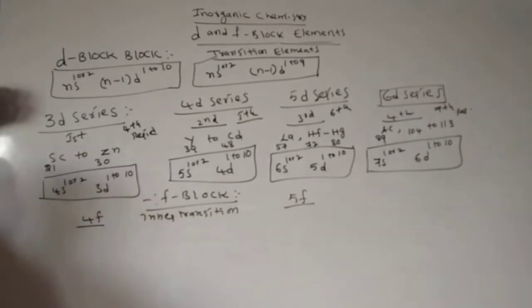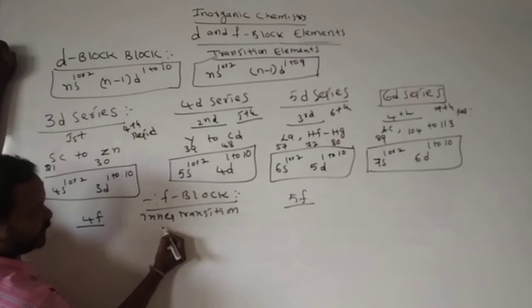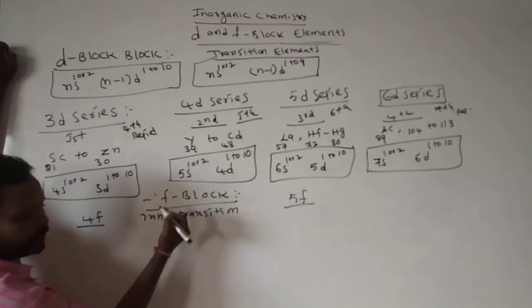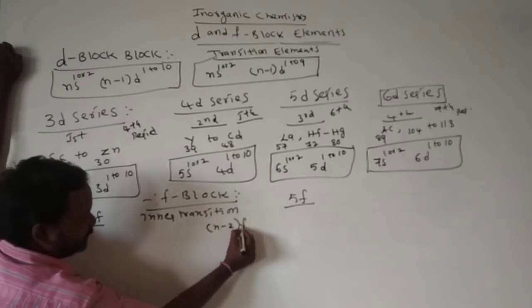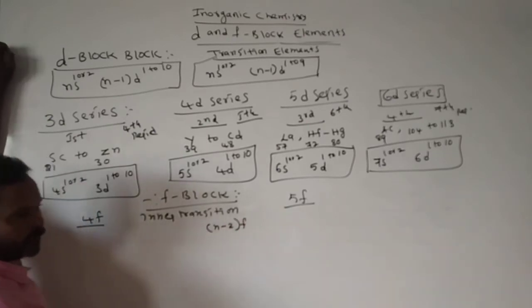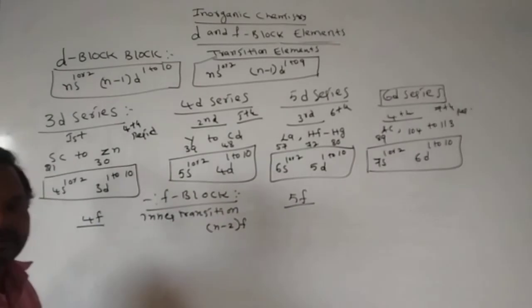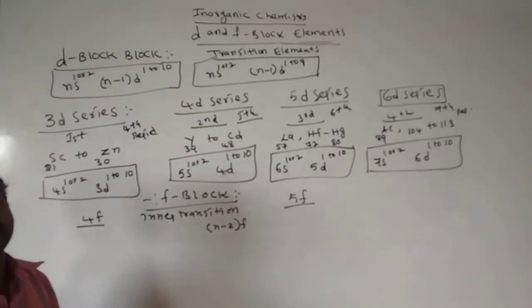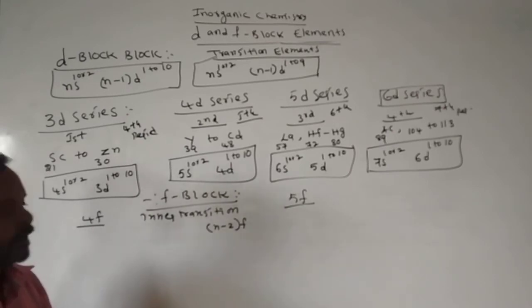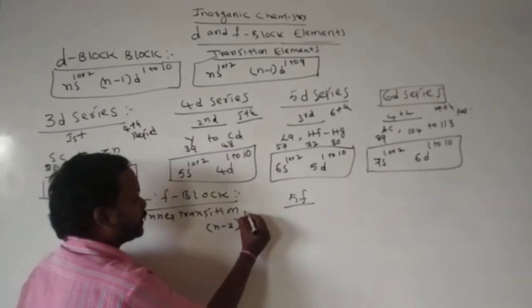Here I am writing the general electronic configuration of F block elements. First, the electron is present in the n-2 F orbital. The F orbitals are split into 7 suborbitals based on the magnetic quantum number, so they accommodate 14 electrons.